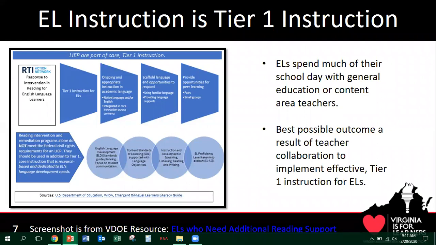So it's really content-based language instruction in that setting, and then using content to support the language development. And the other way around for content classes. You are focused on teaching content, but making that language explicit so students can access that content.